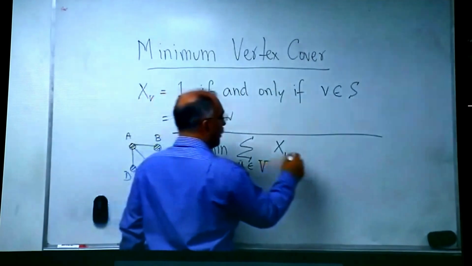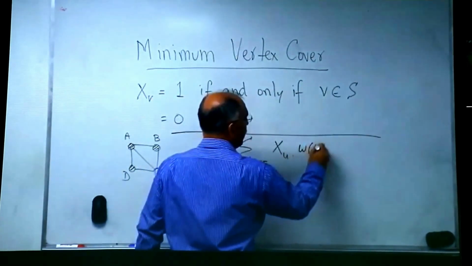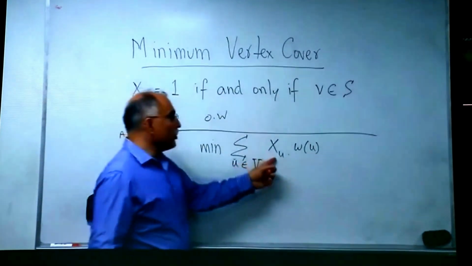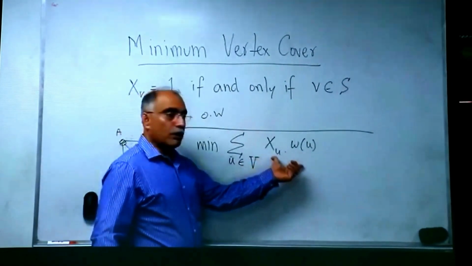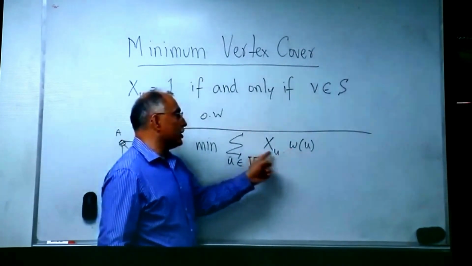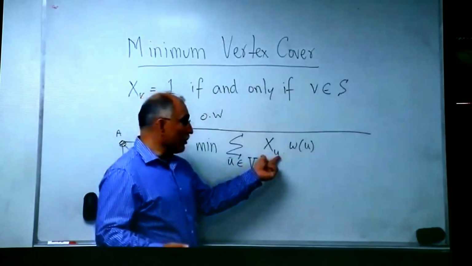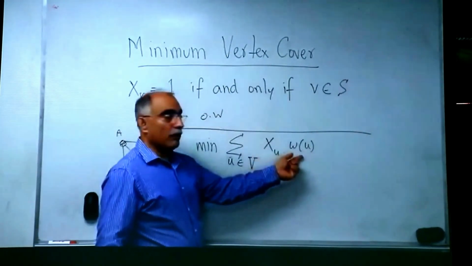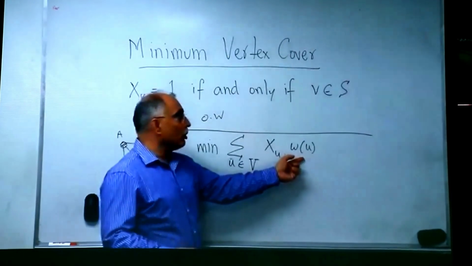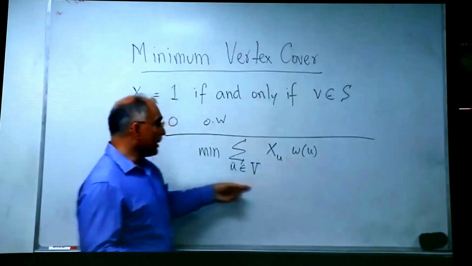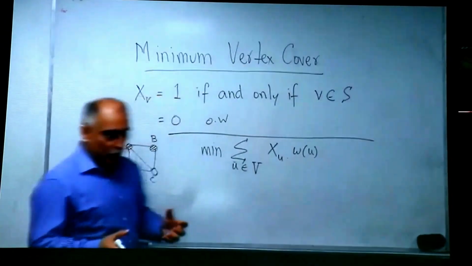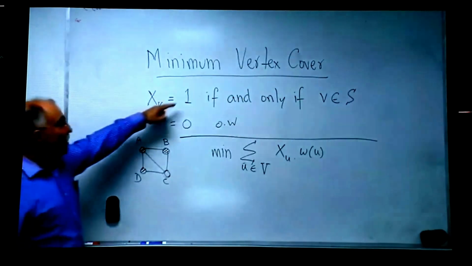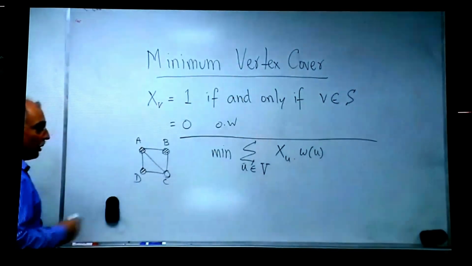If u is not in the set, then xu is 0, and the contribution of the weight of the vertex u is 0, because it's 0 times the weight. If the variable xu has value 1, that means it belongs to the subset S, then 1 times the weight of the vertex gives us exactly this node's contribution. So this objective function will exactly capture the weight of the subset S of vertices for which the variables are set to 1.